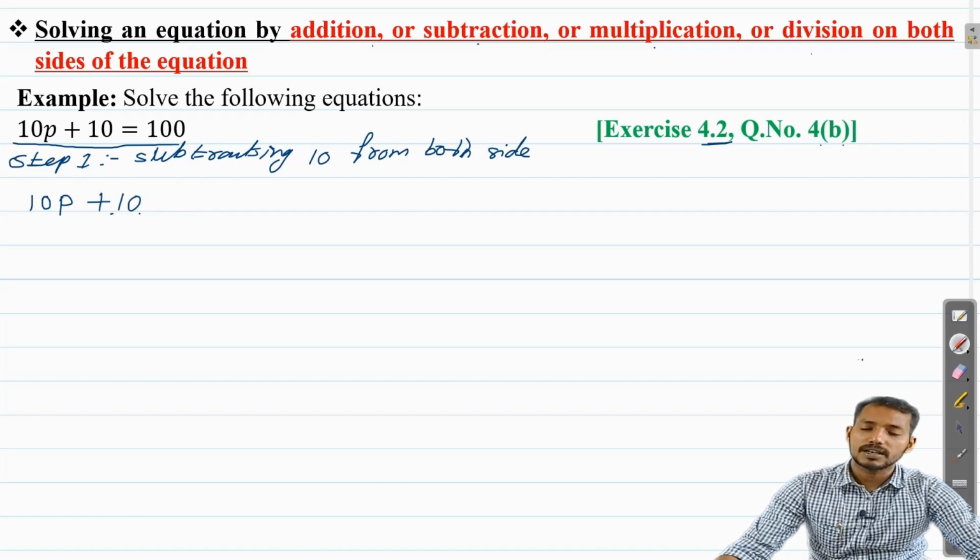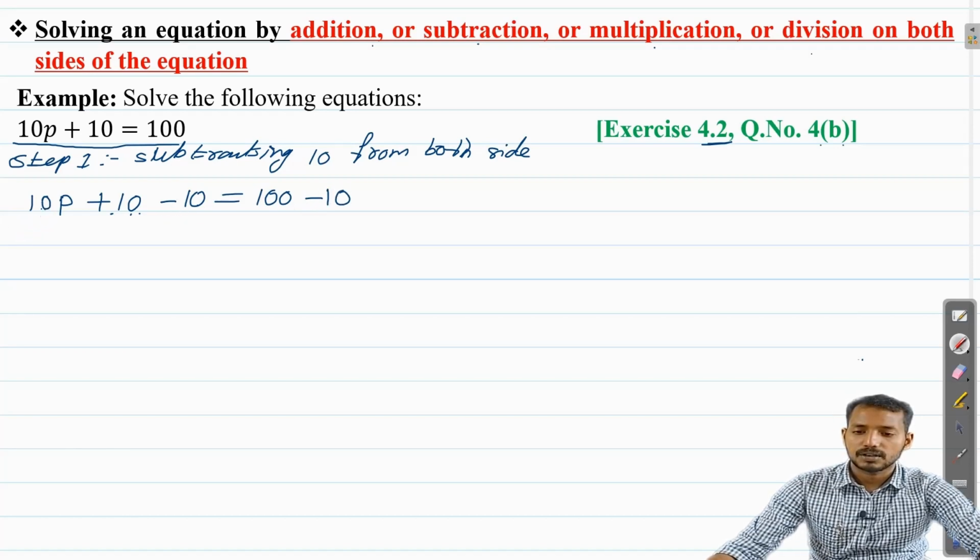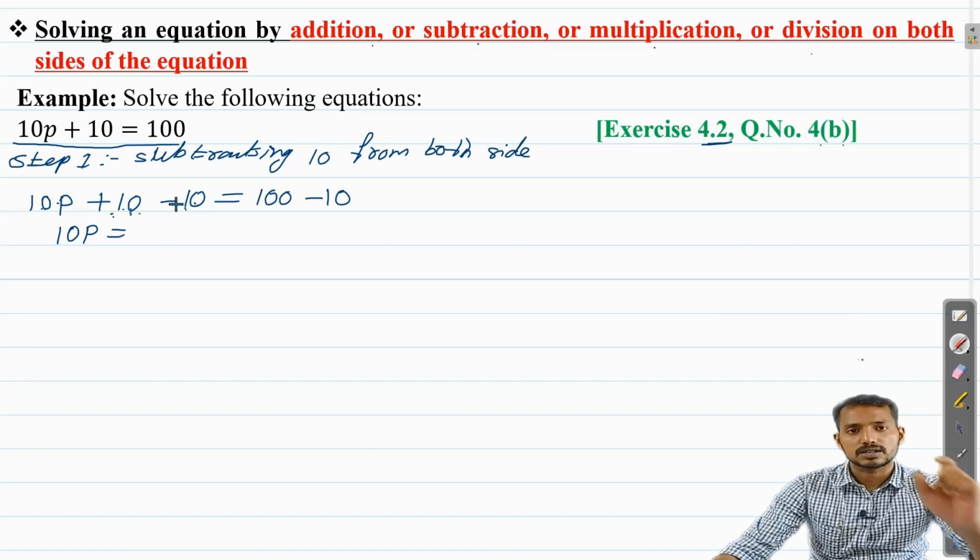To remove this 10, we should subtract 10 from this side, and the right side is 100. As we subtract 10 from the LHS, we have to subtract from the RHS also. So we will get 10p plus 10 minus 10, because 10 minus 10 is 0. So 10p will be here, which is equal to, this will be eliminated. That means plus 10 and minus 10 is equal to 0.